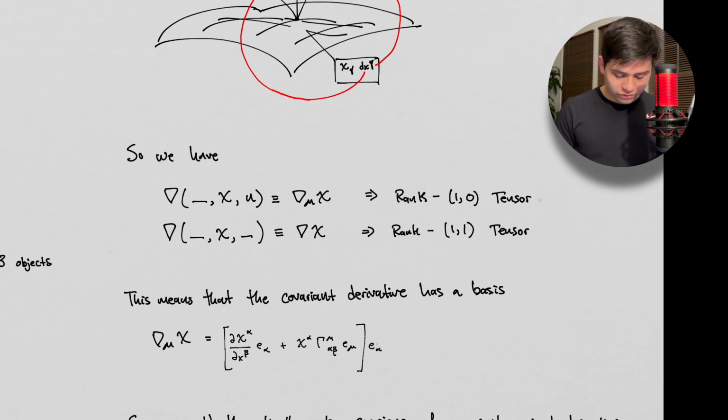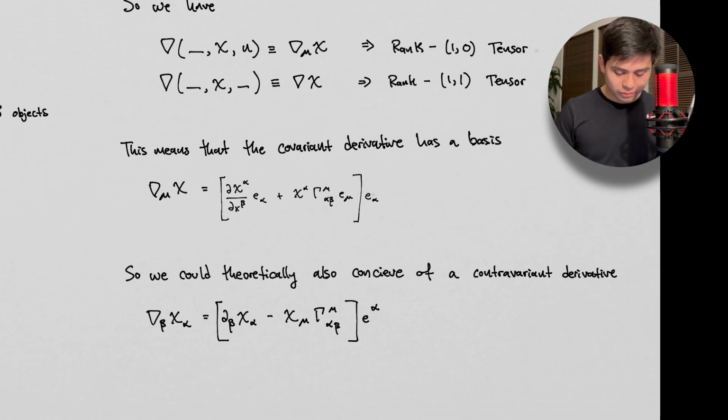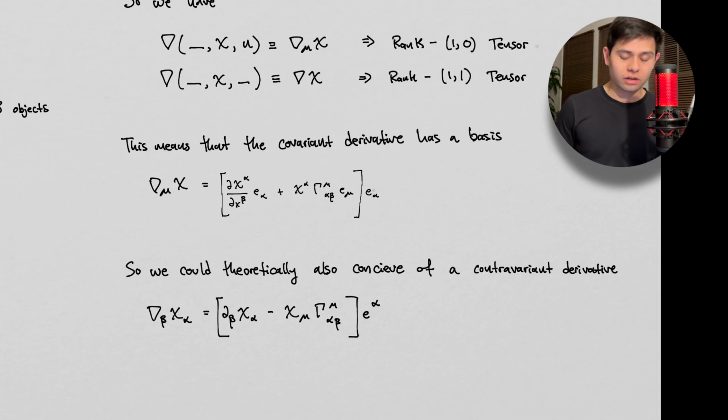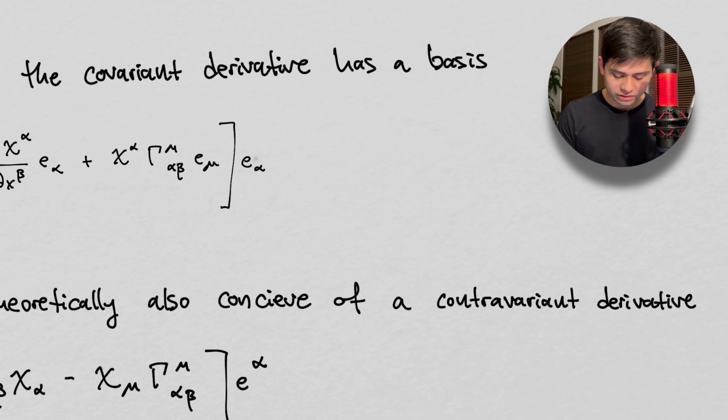And we've talked about the covariant derivative as being a map, and this is going to help us for later when we're going to talk about using the covariant derivative of tensors. So this means that the covariant derivative has a basis. If it's a rank 1, 0 tensor, well, its basis is going to look like this. And you can replace the basis again with our realization.